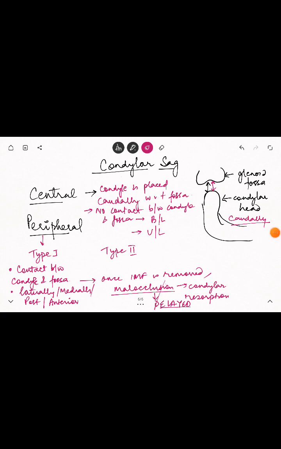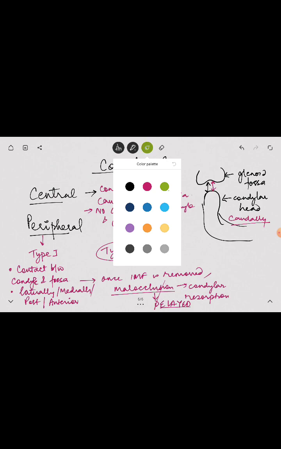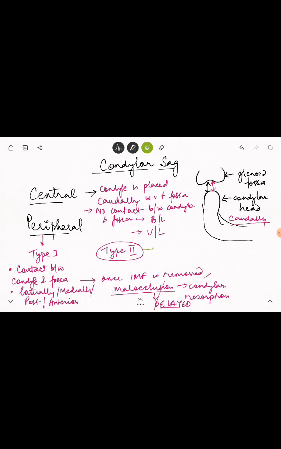Now let us look at the meaning of type 2 peripheral condylar sag. So type 2 peripheral condylar sag is a completely different entity. Here what happens is that there is no gap between the condylar head and the fossa.